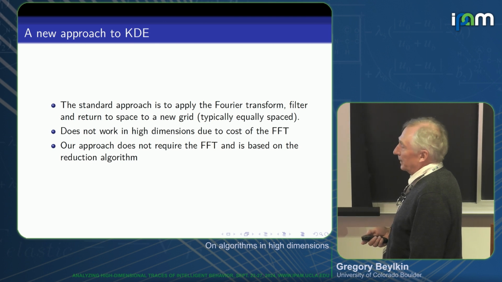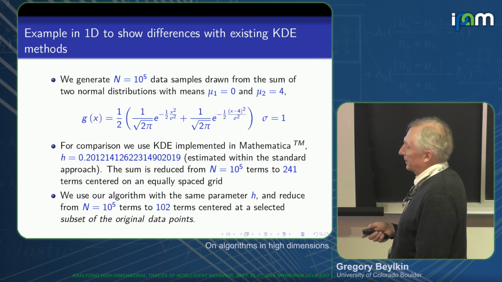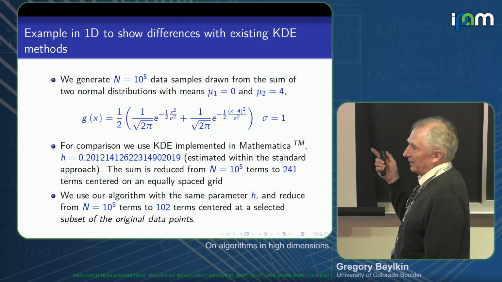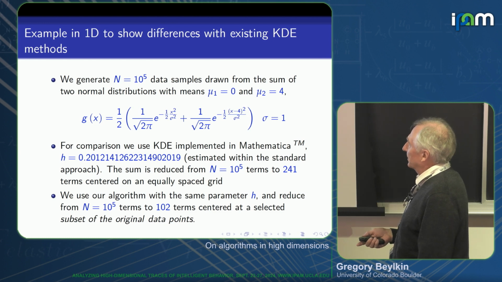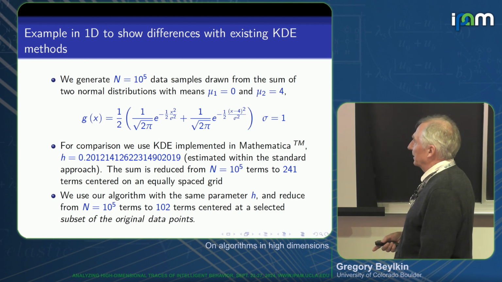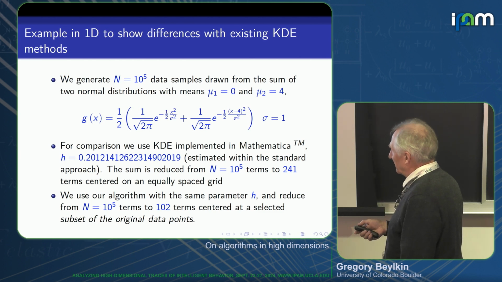Our approach doesn't require FFT. All we do is select a subset by the algorithm that I just described, and it's linear in the original number. We did this example, not a very large number of points, but coming with no noise. There is a way to remove noise doing this kind of thing, but it's not written in that paper. And you can see that we were doing numerics. We copied this parameter h from Mathematica with so many digits. A data scientist wouldn't do that.